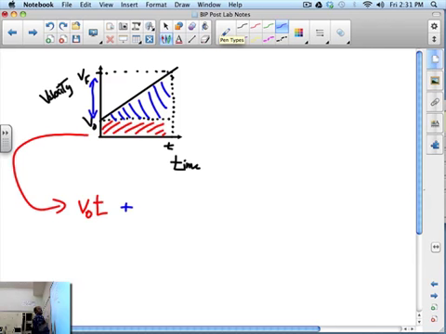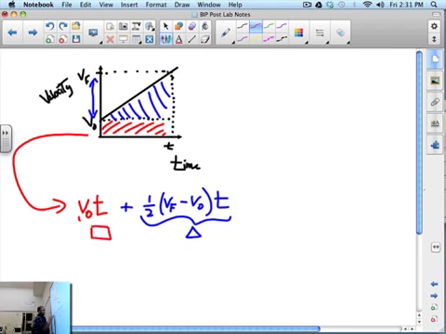I'm going to add my triangle to my rectangle, okay? So I got 1/2, because this is a triangle, final velocity minus initial velocity times time. So this is the area of the triangle, and the red is the area of the rectangle, okay? And we know that this has to equal our displacement, okay?